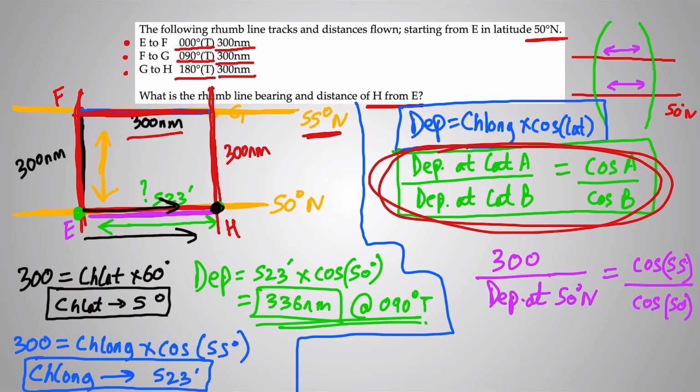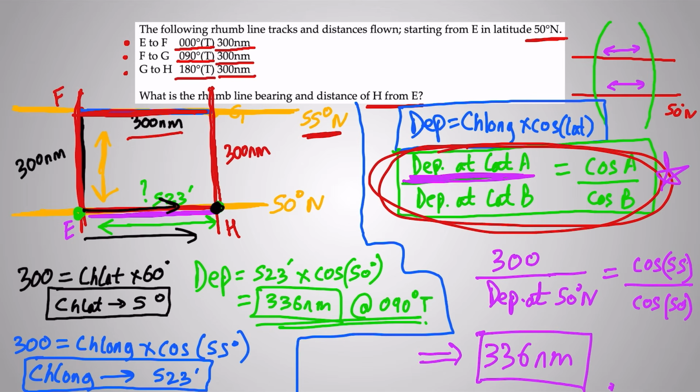Now if you solve this, the answer will again come out to be 336 nautical miles. Okay, perfect. So in this question, you can do it both ways. Either you can just apply the formula. To use this formula, you'll have to find the departure at least one latitude and then use the change in latitude to find the new latitude. And if you have the new latitude, you can easily find the departure.